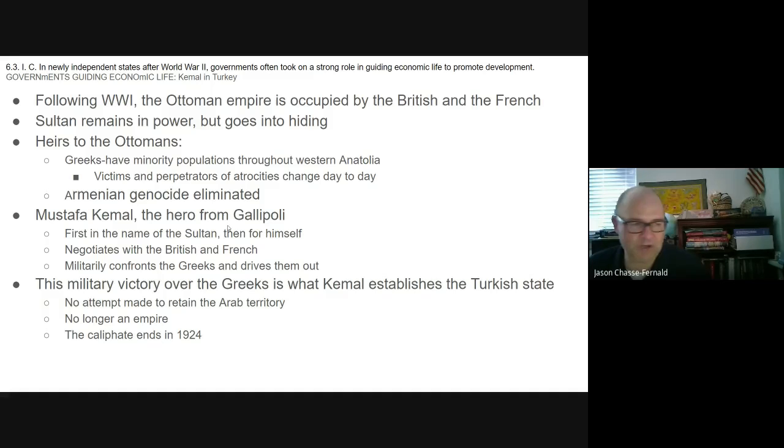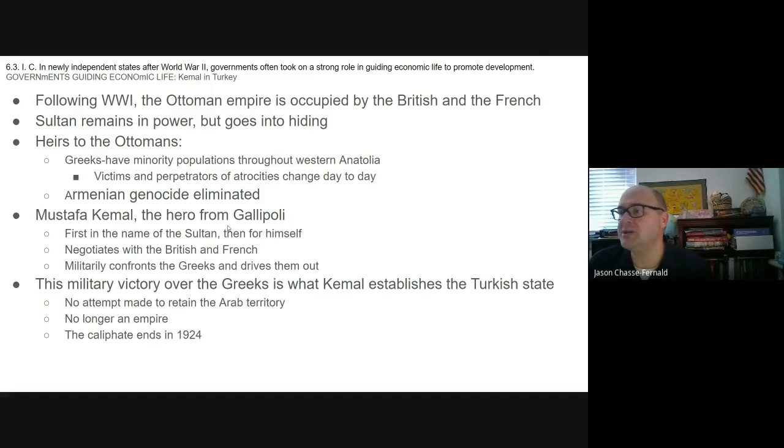We don't keep the beach. This is what Gallipoli is for the Anzacs. The Anzac soldiers, the Australian and New Zealand soldiers, were ordered onto the beaches of Gallipoli by the British, commanded by the British, and they were forcefully repelled. And of course, the hero from Gallipoli is Mustafa Kemal. This is Ataturk.